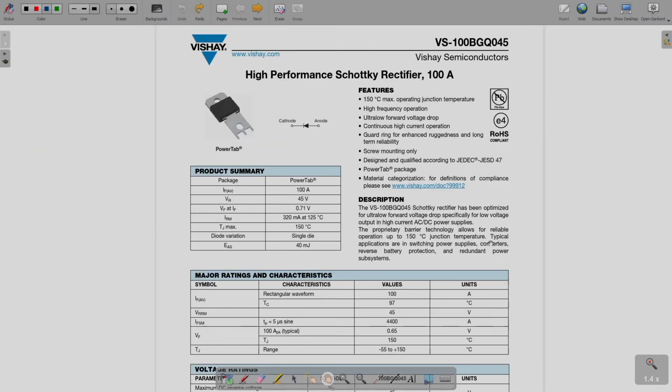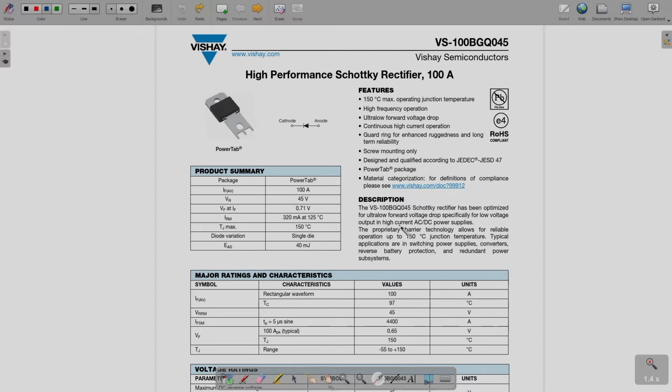Now, let us look into the data sheet of a Schottky diode. This is a high performance Schottky rectifier of 100 amperes by Vishay Semiconductors, the data sheet that I am using to show you.